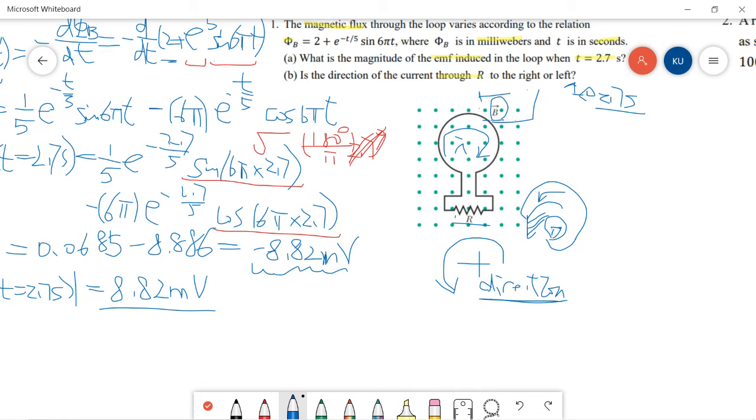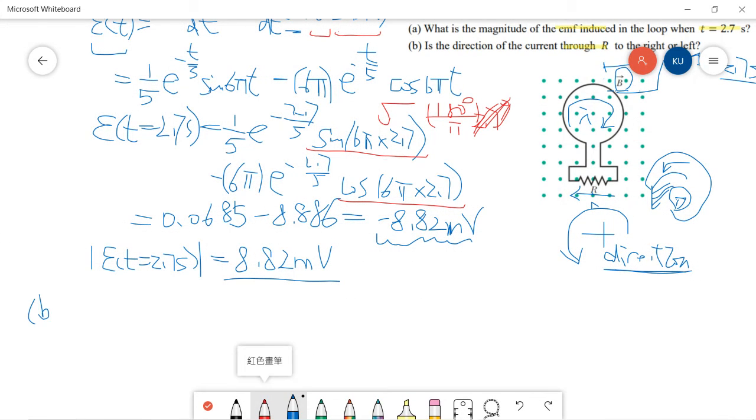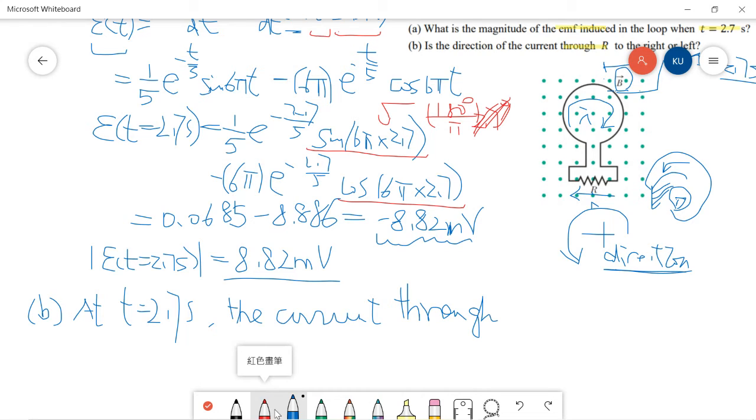So in this case, the current through R is to the left. So for part B, at t equals 2.7 seconds, the current through R is to the left. Okay.